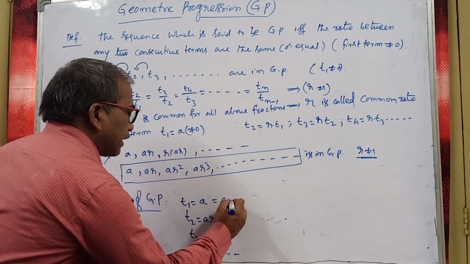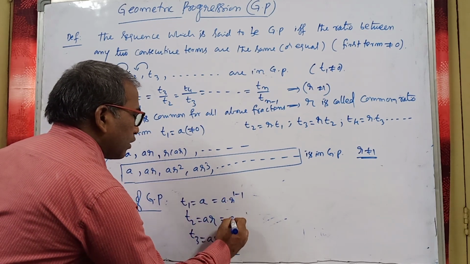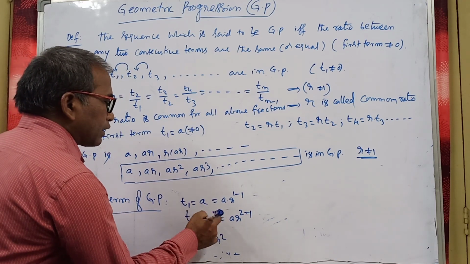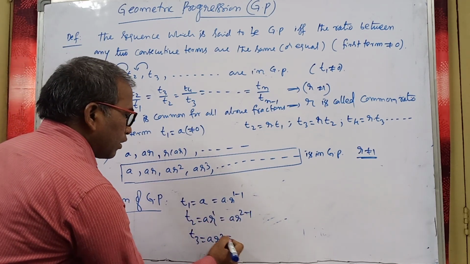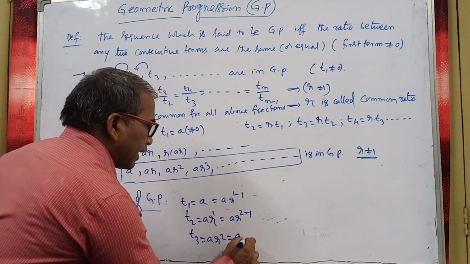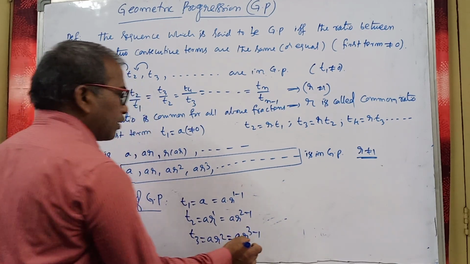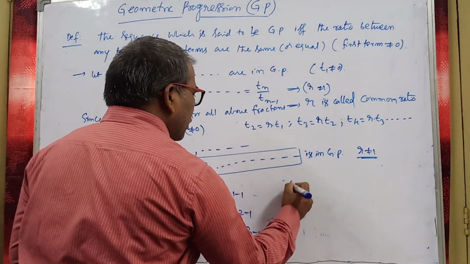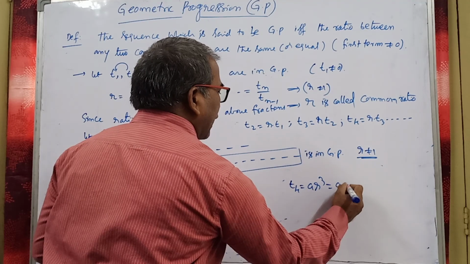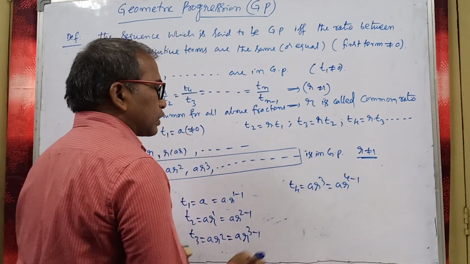I can write A into R power 1 minus 1, A into R power 2 minus 1, A into R power 3 minus 1, and T4 is AR cube, which is A into R power 4 minus 1.